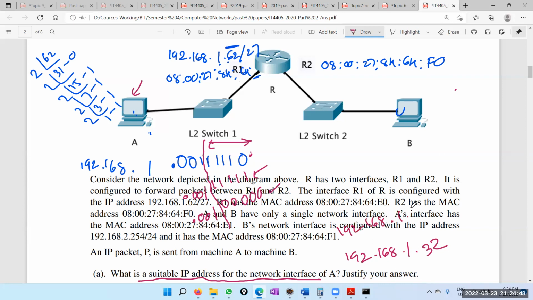So 192.168.1.127, because 128 minus 1. But 127 we can't use. Here, 32 we also can't use, because that is the subnet ID when all are 0. So it has to be 33 or above. And 127 we can't use because that is the broadcast ID.